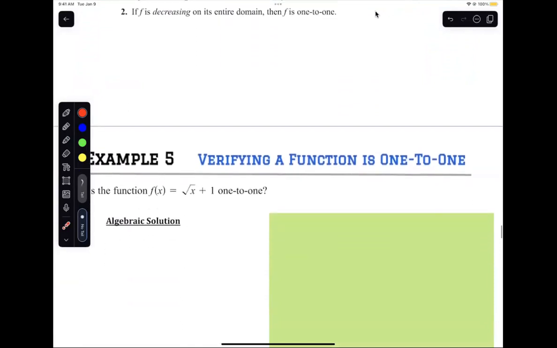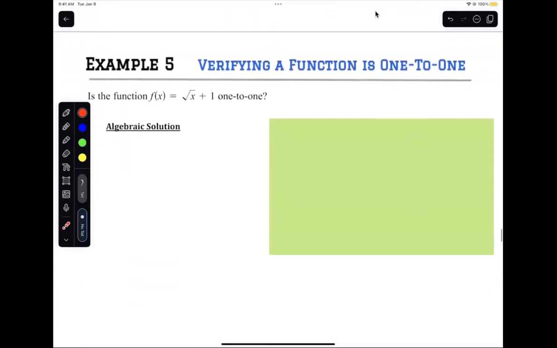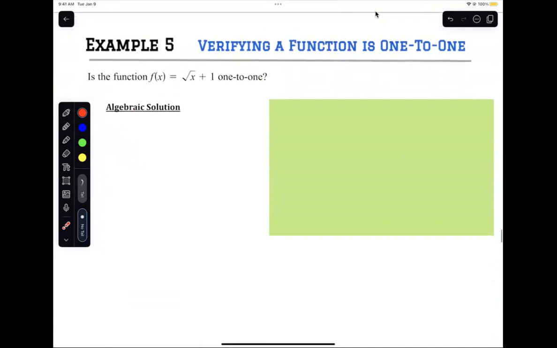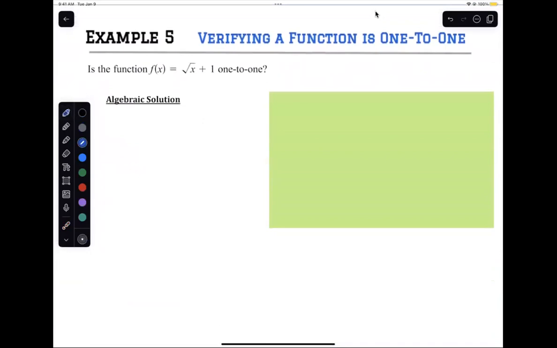Okay, so verifying a function is one-to-one. Is the function f of x equals the square root of x plus 1 one-to-one? We can do this algebraically without graphing it first. If it's one-to-one, that means that f of a equals f of b implies, so this symbol means implies, that a equals b.